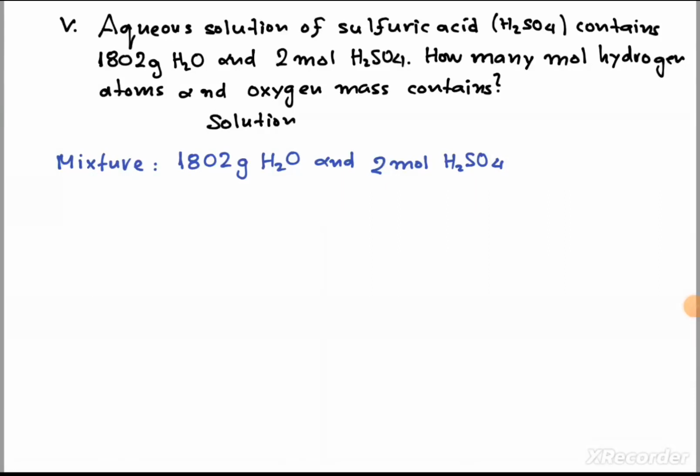We have grams, so you find MR for water. The first component is water. MR is equal to 2 times AR of hydrogen plus 1 times AR oxygen. And this is the result.